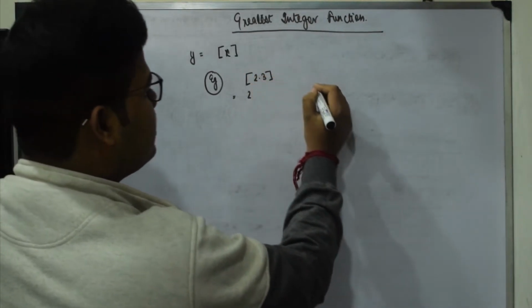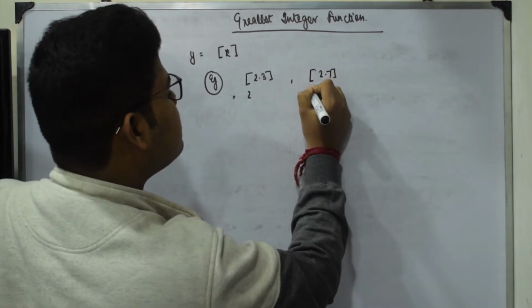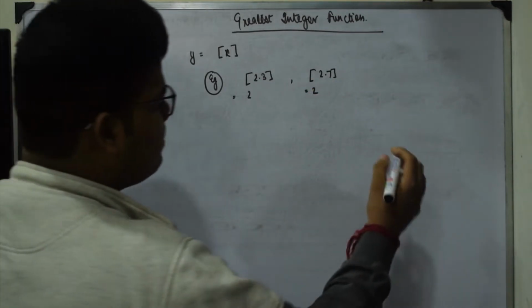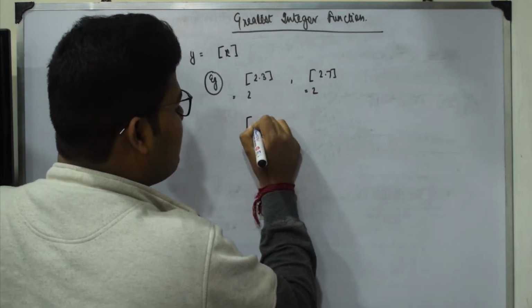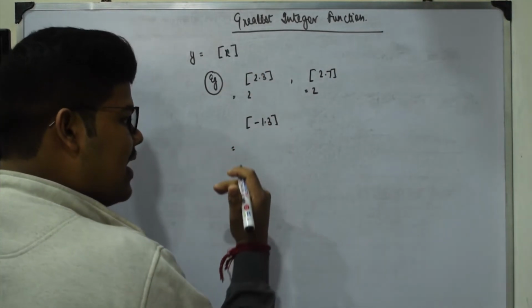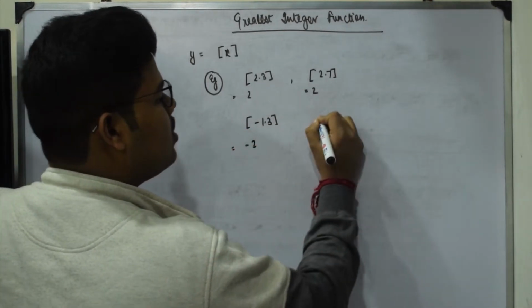Or 2.7 also returns 2, just the integer below. For example, minus 1.3: the integer which is less than minus 1.3 is minus 2.